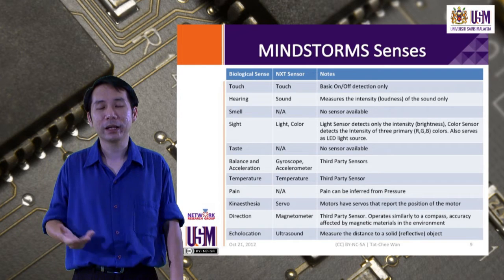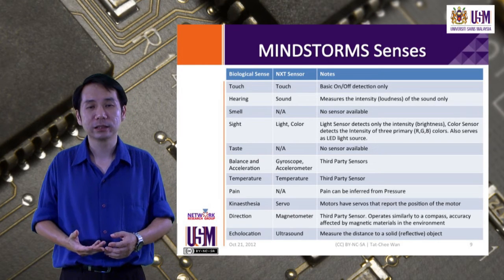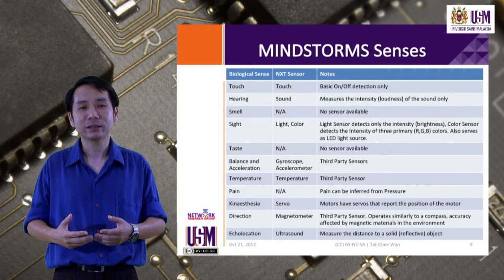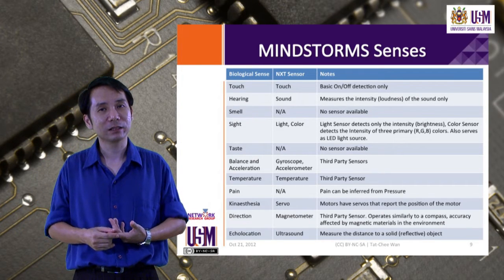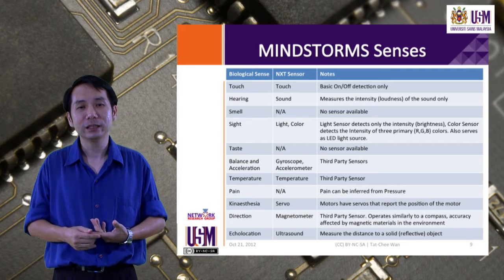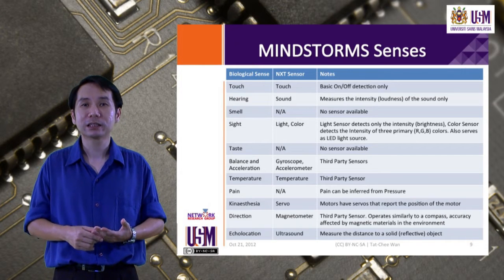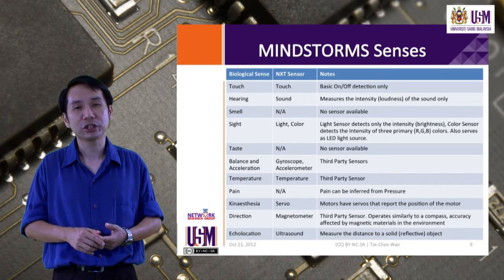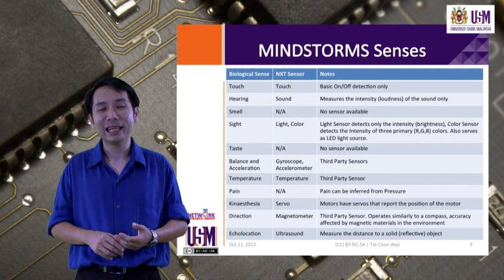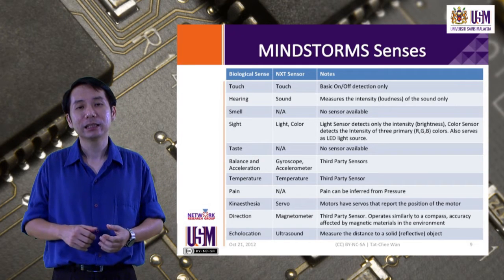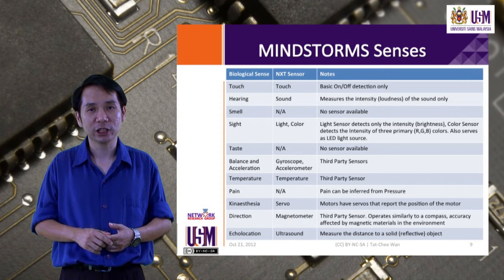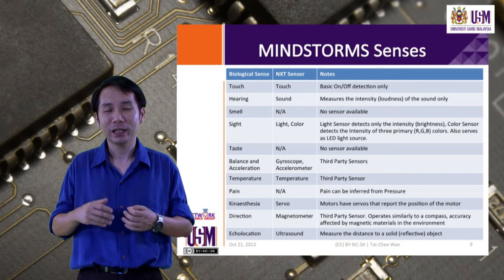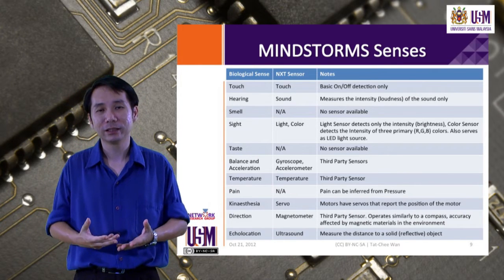Now we're going to compare the MINDSTORMS sensors to human or biological sensors. The typical biological sensors that most animals have are touch, hearing, smell, sight, taste, balance and acceleration, temperature, pain, kinesthesia, direction, and echolocation. Now some of these may not be found in all animals or living things.